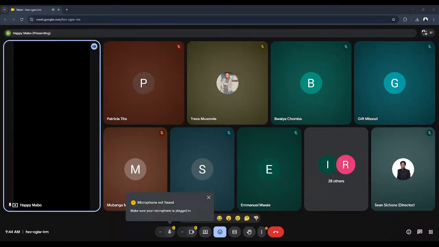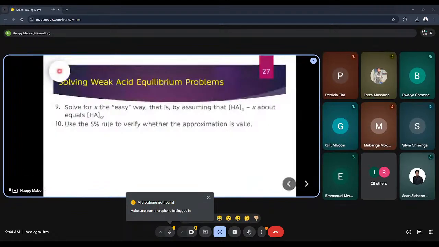Once you take that assumption, you have to make sure that the change, the value of X, compared with what the initial concentration was, multiplied by 100%, gives you a percentage less than or equal to 5%. If it is beyond 5%, you don't need to redo the calculations. All you need to do is to admit to say your assumption was wrong.